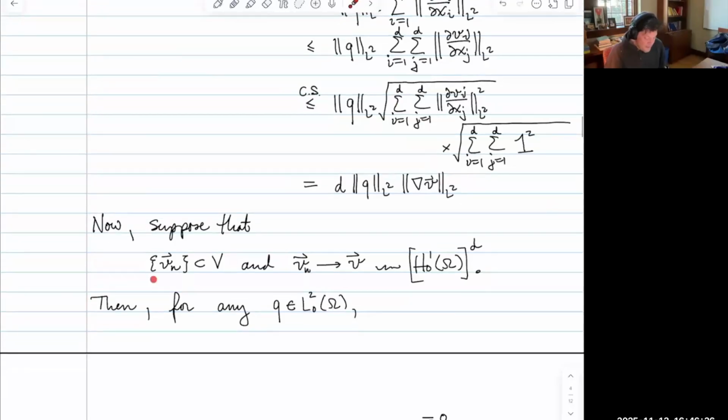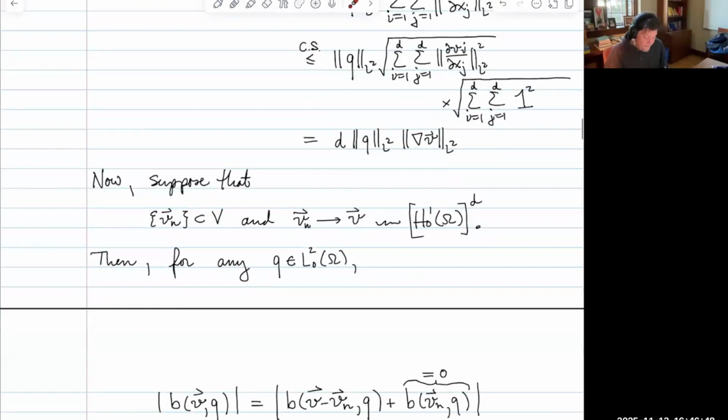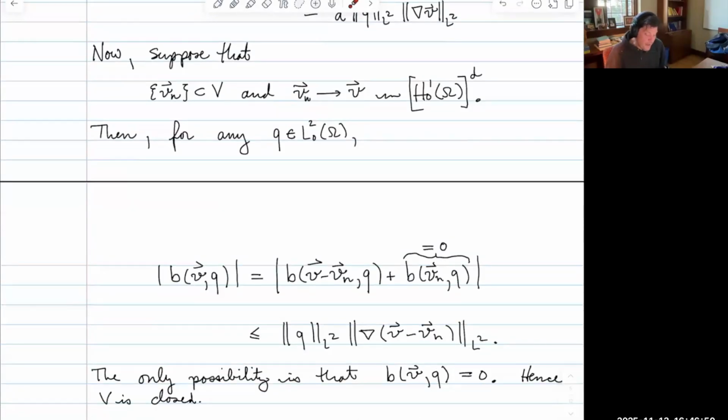So let's take a sequence that's entirely in this space, V, and we're going to assume that Vn converges to V in this bigger space, H01. I want to show that this V is not just in this bigger space, but actually in this smaller space. If you think about it, the picture is like this. There's my big space, H01D.